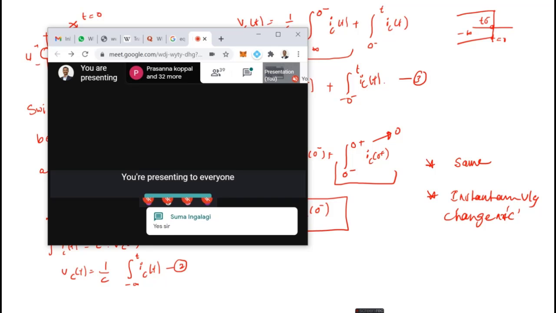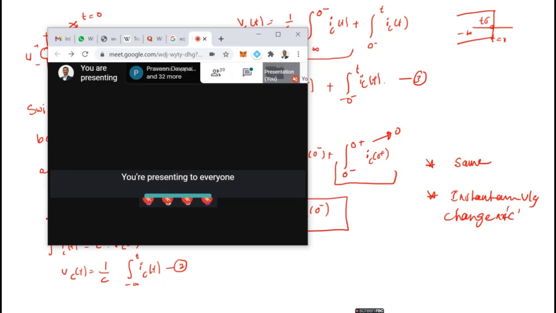In a capacitor, immediately before and after switching, the voltage will be the same. That means a capacitor will not support an instantaneous voltage change across it. These two are the conclusions from today's discussion. Is that okay?